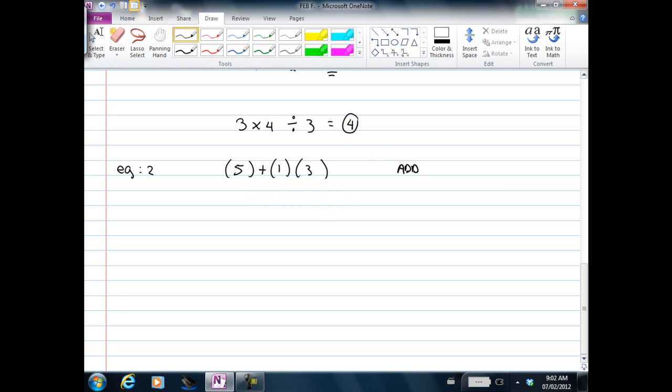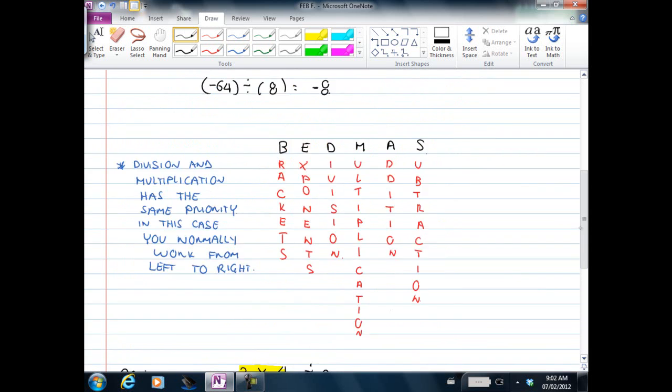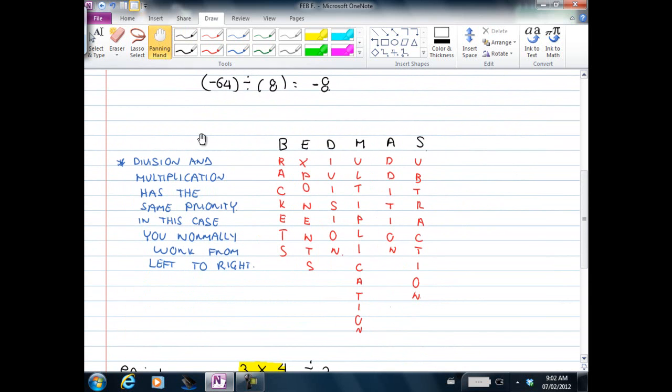Let's write down what I have. I have addition here. Emad, what else did I have in here? Multiplication. If you have addition and multiplication, you can no longer work from left to right. We're going to go back to BEDMAS. Naresh, what does BEDMAS say to do first? Multiply or add?